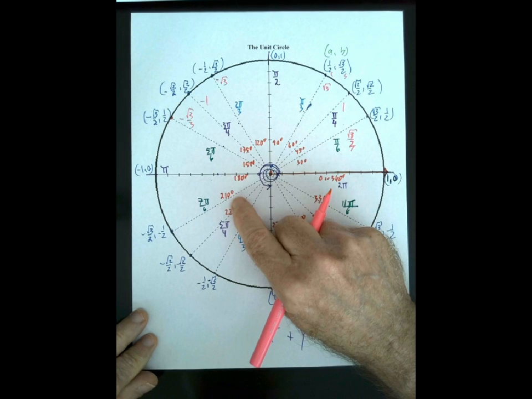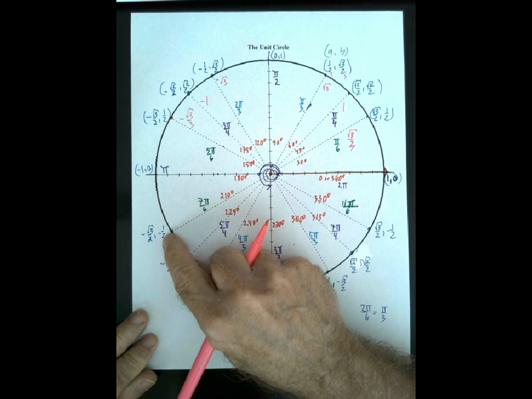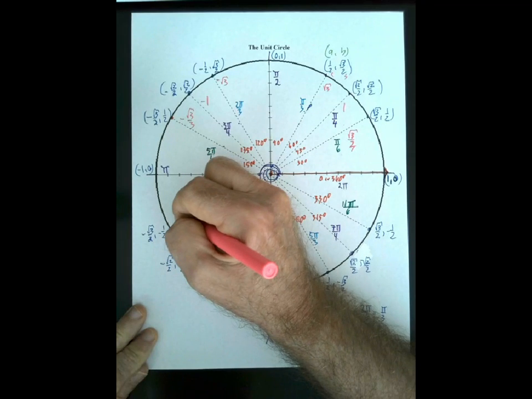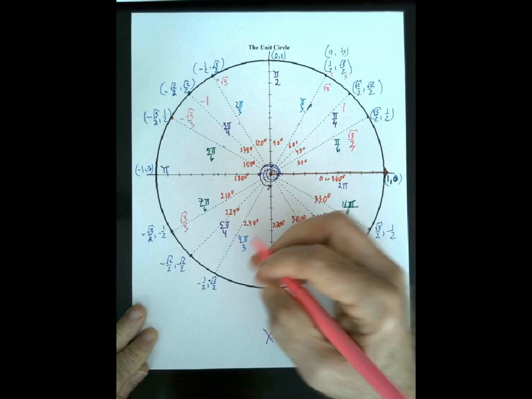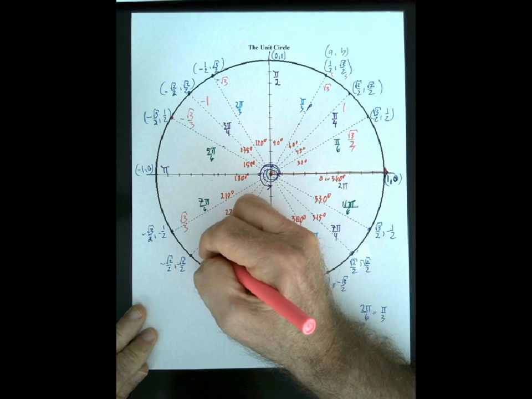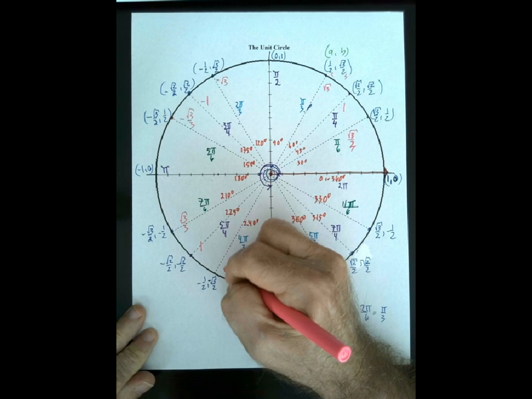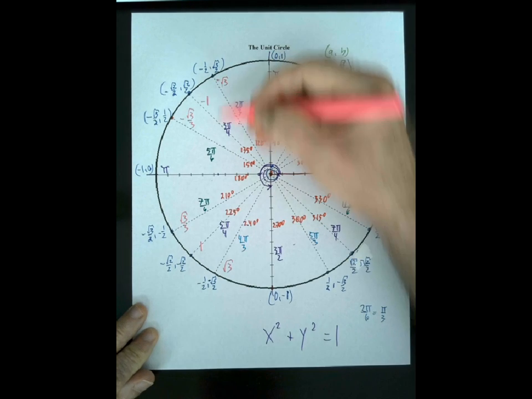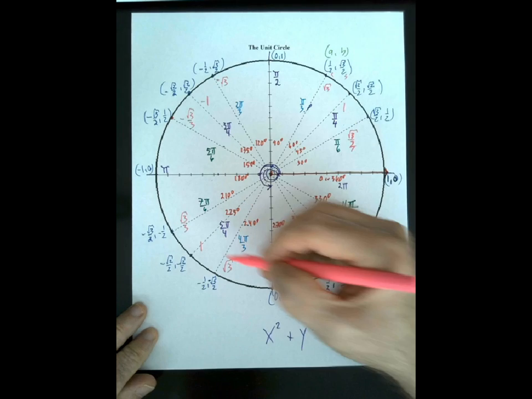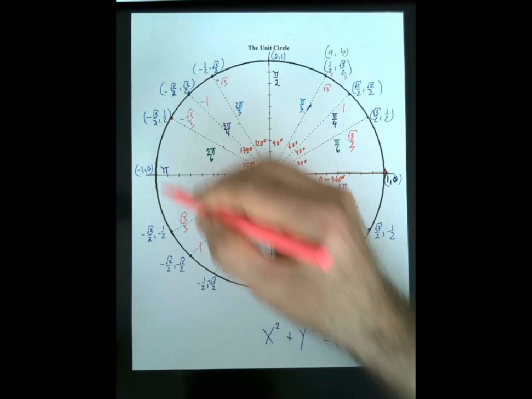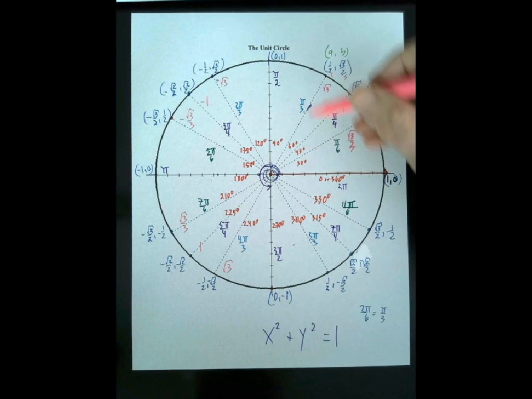Down here, this one is negative divided by negative, which is positive, so it's positive rad 3 over 3. Negative divided by negative is positive rad 3. Notice again, the function values are the same as the values in the first quadrant here.